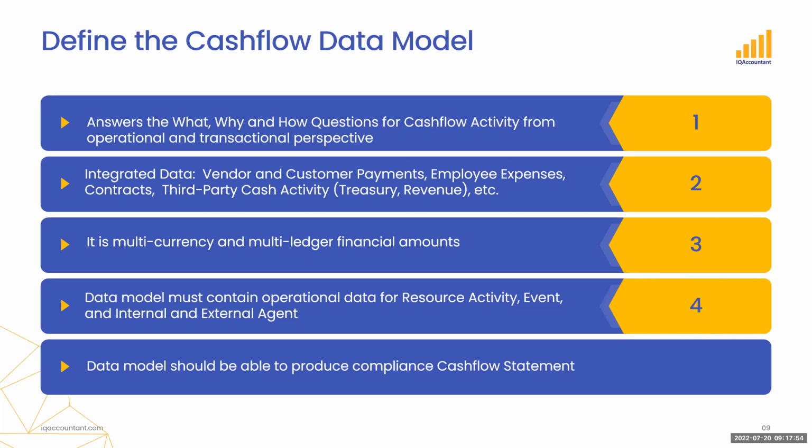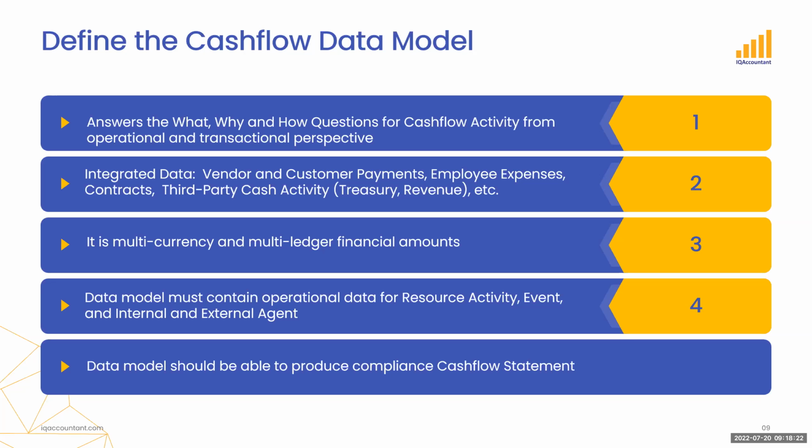The data model must contain operational data for resource activity, event, and internal and external agent. And we talked about that in our diagram, that the keys around our data model are the resource activity, so the cash flow activity, the events like billing and purchasing of supplies, etc., and also the internal agents that are transacting.